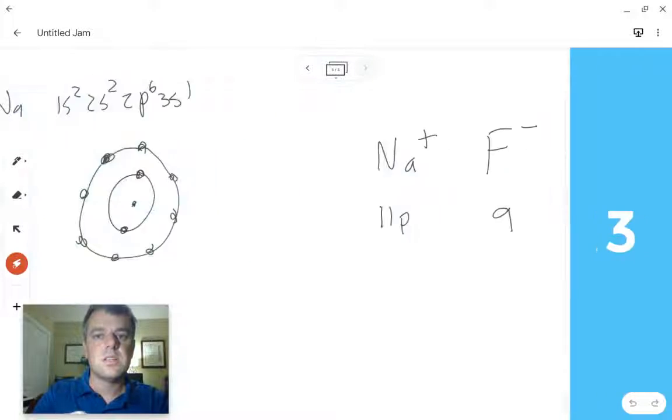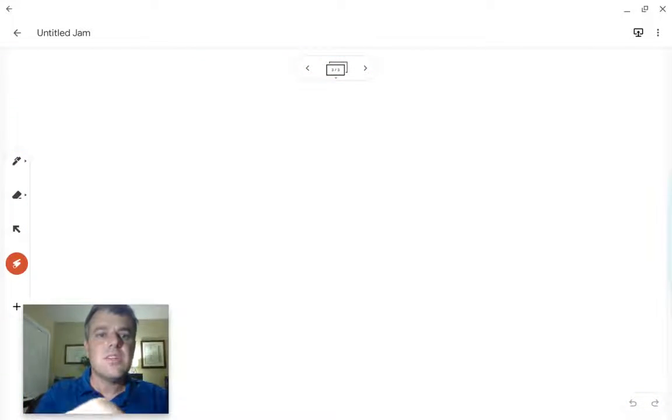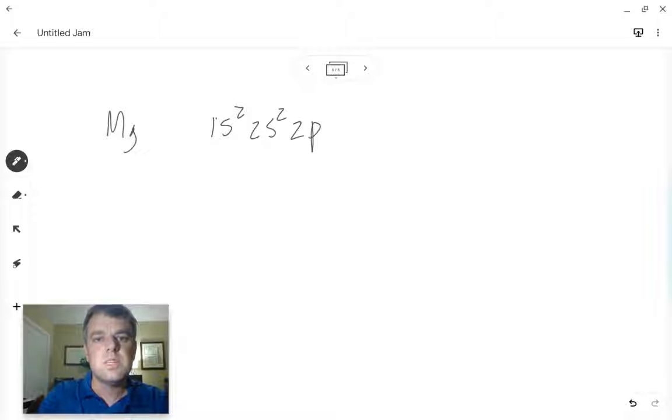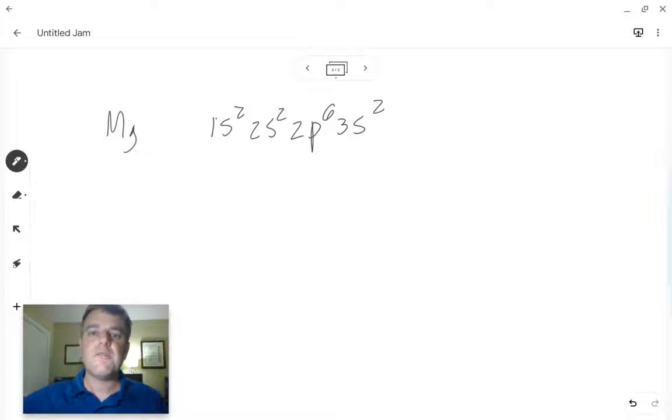So I'm going to take as an example, let's consider magnesium. Magnesium's electron configuration is 1s2, 2s2, 2p6, 3s2. The first ionization energy would be how much energy is needed to remove the highest energy electron from magnesium.